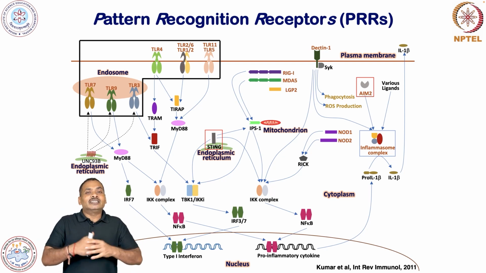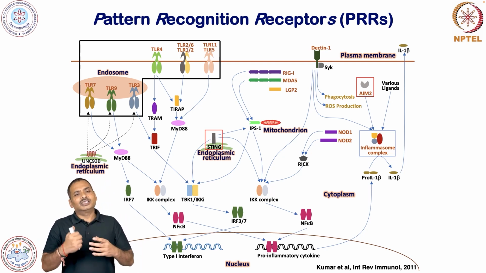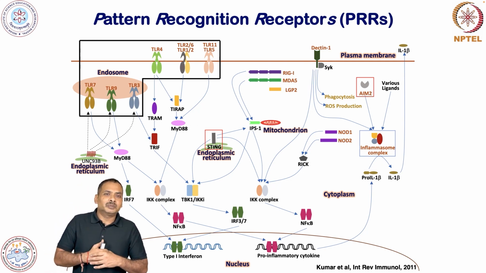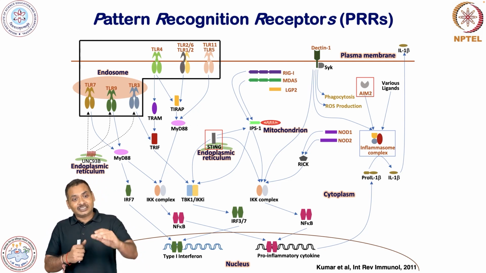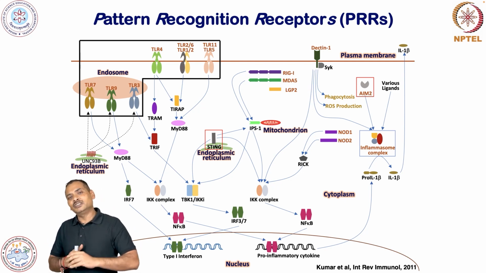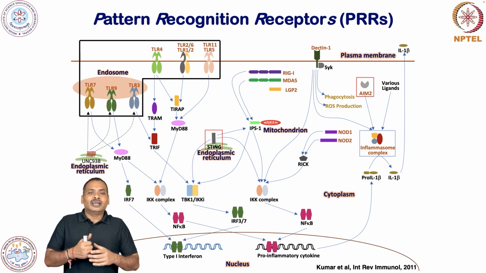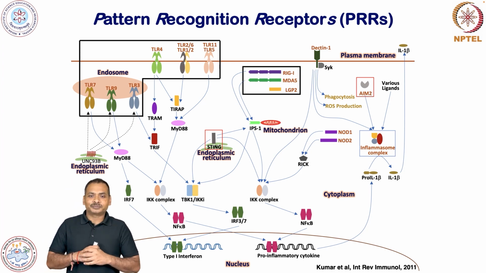Over there the coat protein is dislodged, and then the nucleic acid comes into the picture. So this nucleic acid can be sensed. The sensors are very appropriately located, and they sense, and then this will induce the immune response.